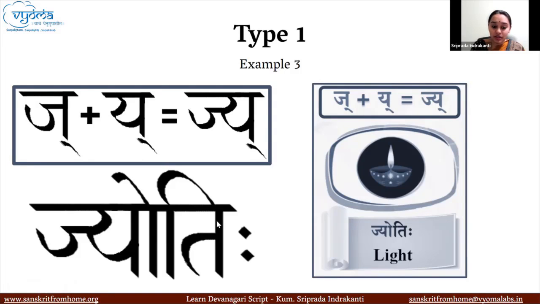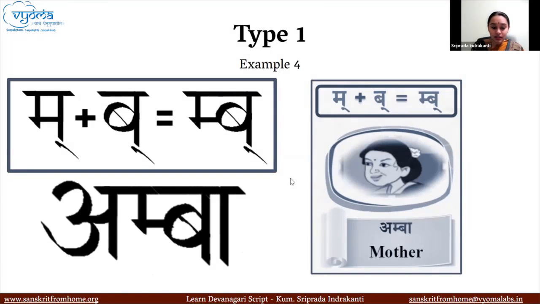Ti is written with first the letter t and then the ikara, the short ikara. So next we have to write this line and then put the loop at the top. Then we draw the visarga and shirorekha. Jyotihi. We'll look at two more examples and then we'll try to write words in paint.